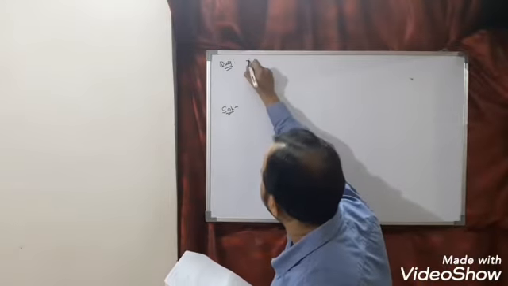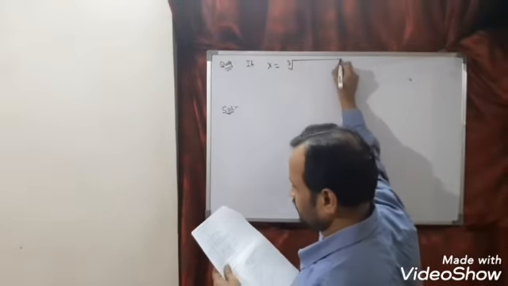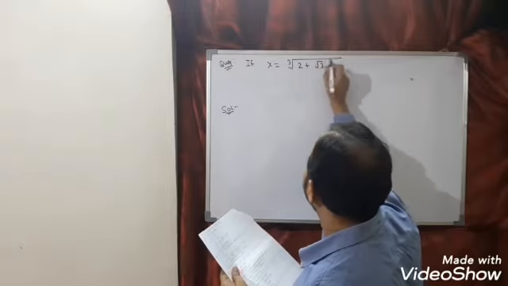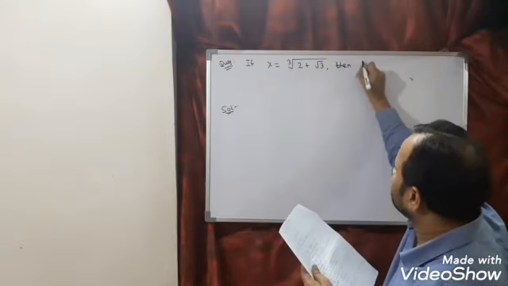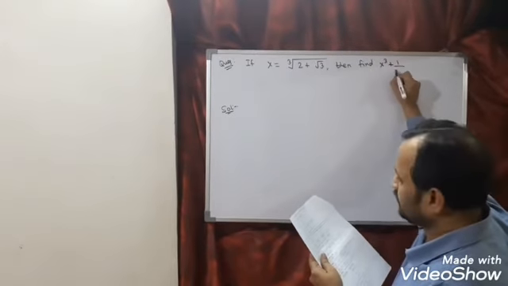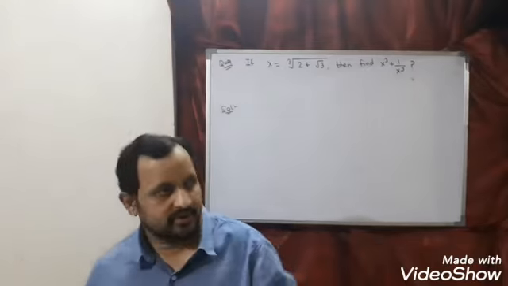The next question is: if x is equal to the cube root of 2 plus root 3, then find x cube plus 1 by x cube. Now look here.